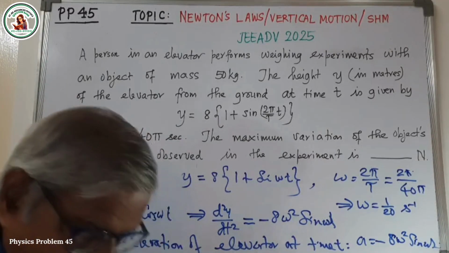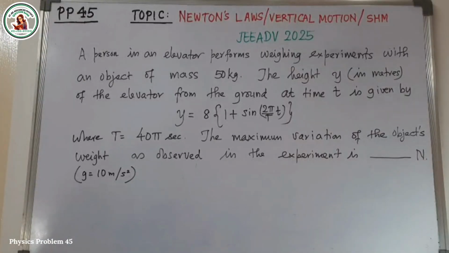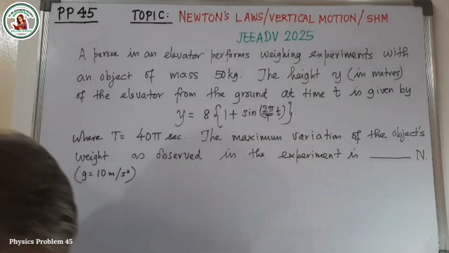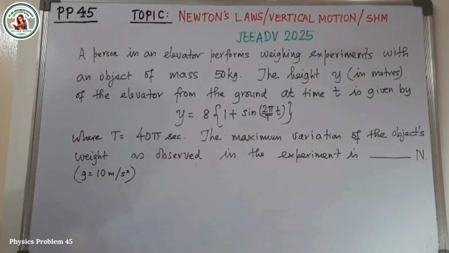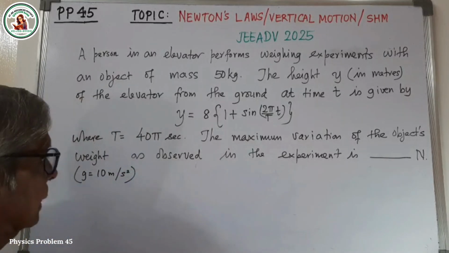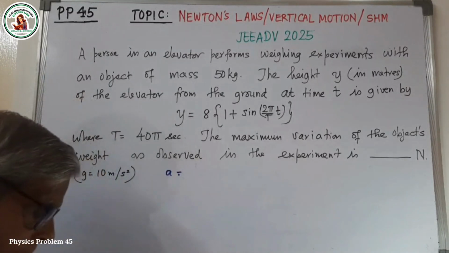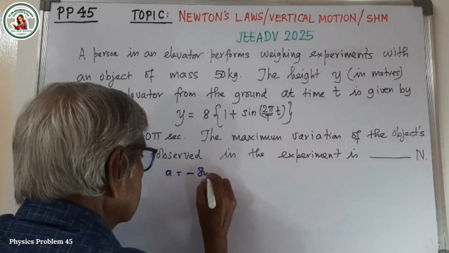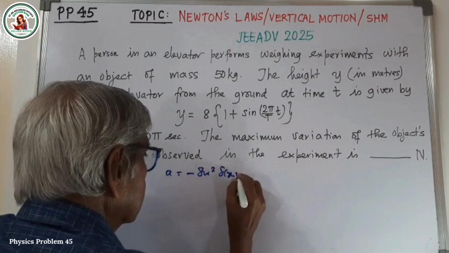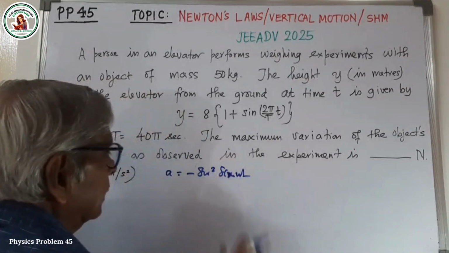This is a numerical answer type question, so with 2 decimal places you have to give the answer as a numerical value. So we got the acceleration at time t as a equal to minus 8 omega square sine omega t. When sine omega t is 1, you get the maximum.